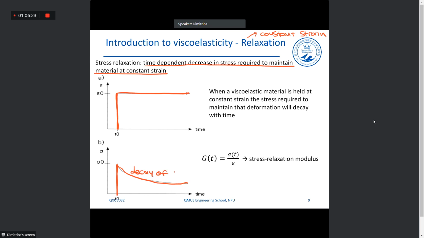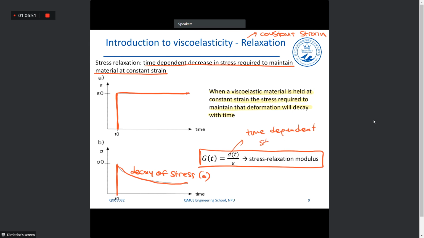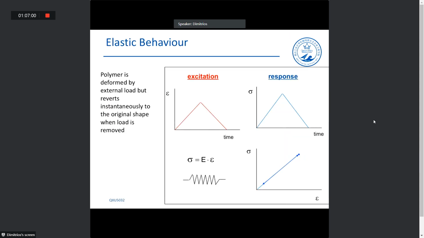Okay, so when a viscoelastic material is held at constant strain, the stress required to maintain that deformation will decay with time. And that is the stress relaxation modulus G, where sigma is the time-dependent stress, and epsilon is the strain. Okay. So let's have a look at elastic and viscoelastic behavior, given that we will need to model the behavior of a polymer.